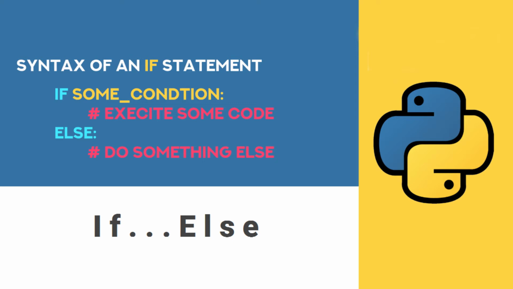So this if has two parts. The number one is when the condition is true, and the number two is when the condition is false. As previously discussed, after the if we write the condition and then a colon and then the body of the if. If the condition is false, then the control flow will come over to the else. Whatever is inside the body of this else will get executed if the condition is false.